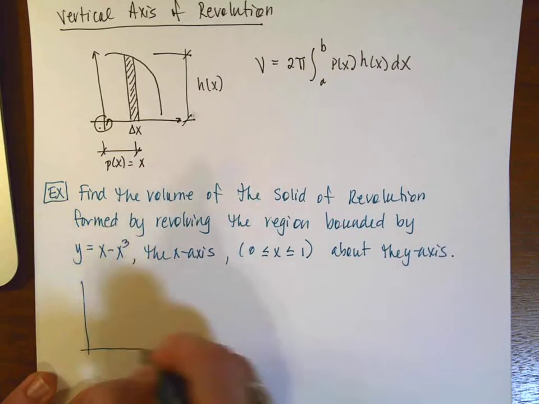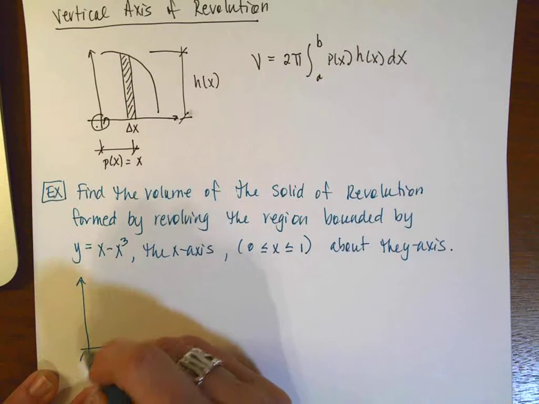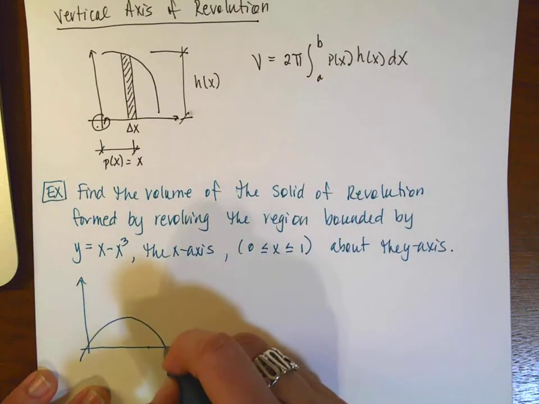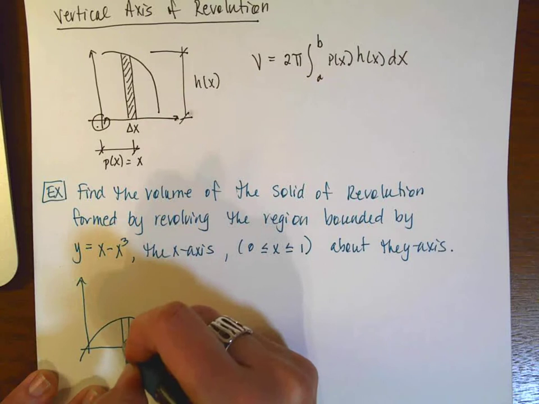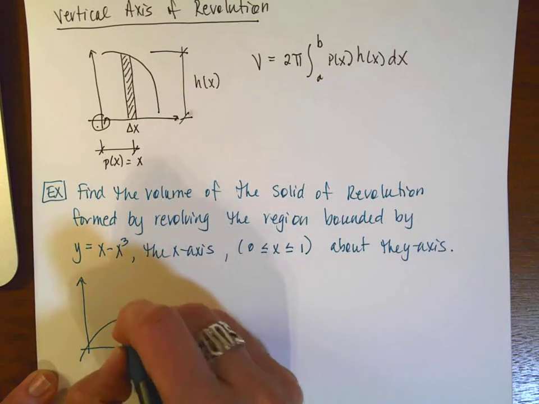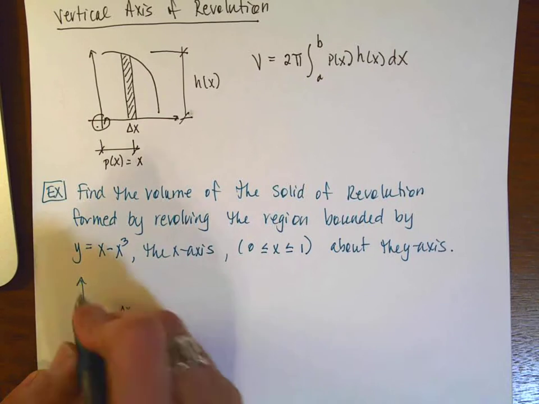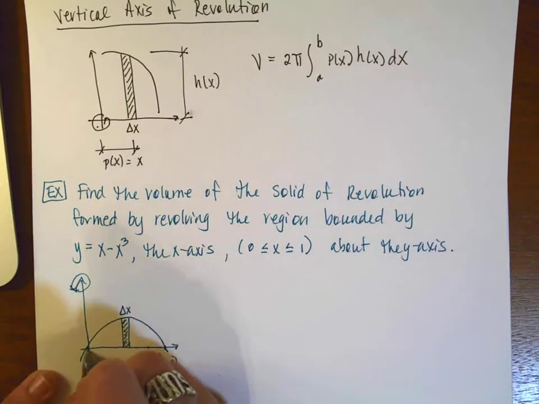So I'm going to draw a picture, because I like pictures. I'm going to have my curve, and I'm going to make it kind of exaggerated just so we can see everything. This point of intersection would be 1, 0. Here's going to be my representative rectangle. Notice that I have a delta x, which is parallel to my axis of rotation.